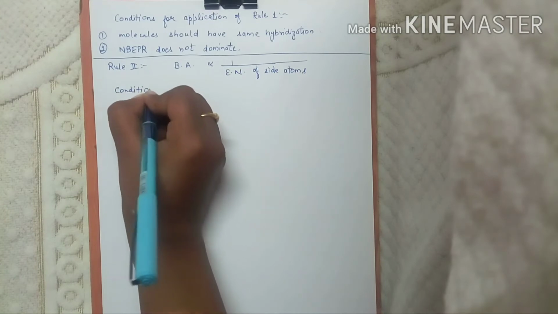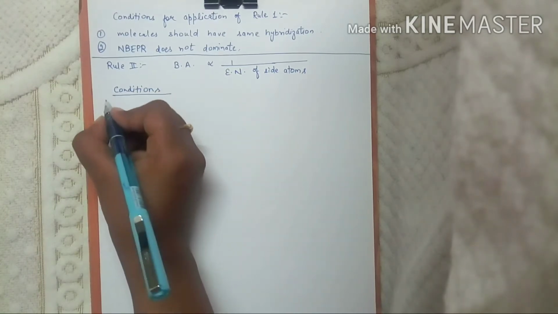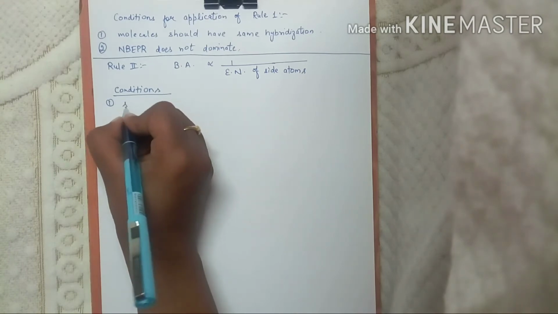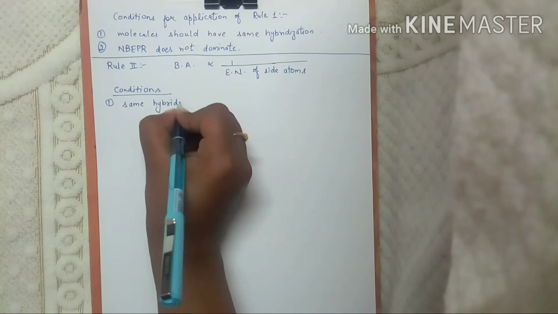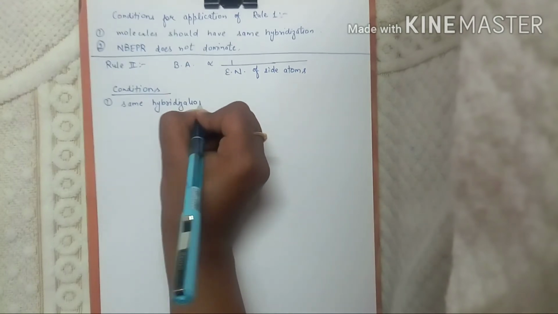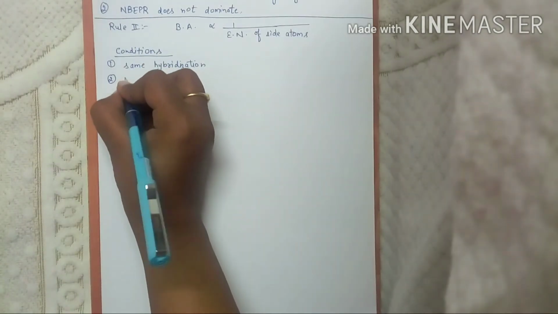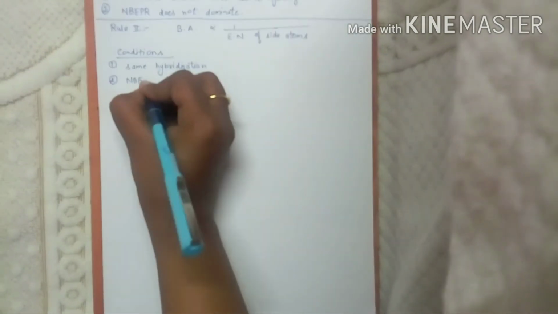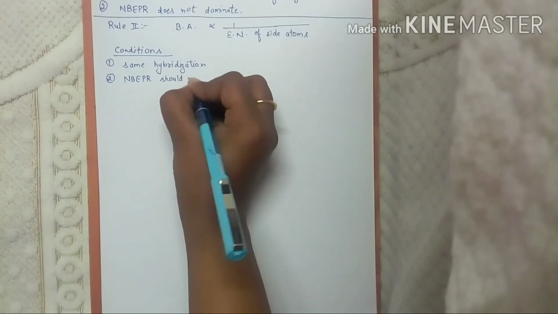This one also has some conditions for its application. Condition 1 is the same, that is, molecules should have the same hybridization. The second condition is that non-bonding electron pair repulsion should not dominate.